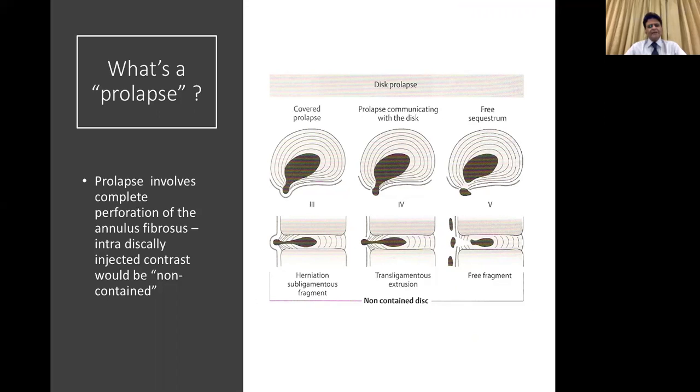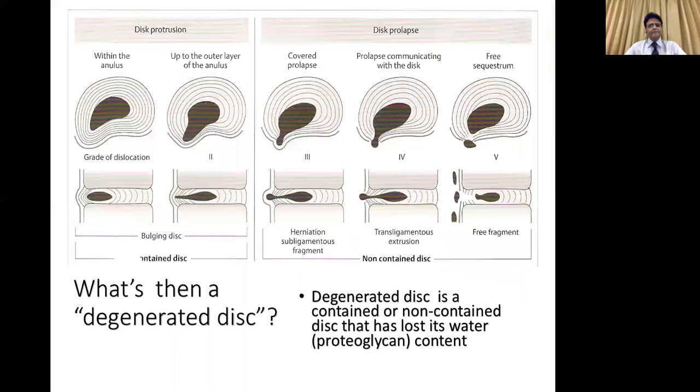It's a non-contained disc which involves complete perforation of the annulus fibrosus and an expulsion of the nucleus pulposus from within. Hence, if contrast were to be injected, it would be non-contained.